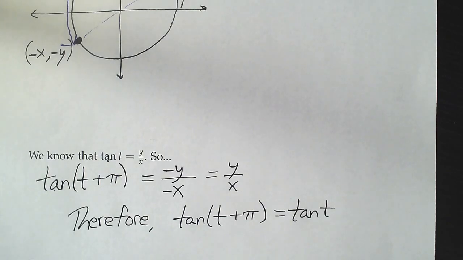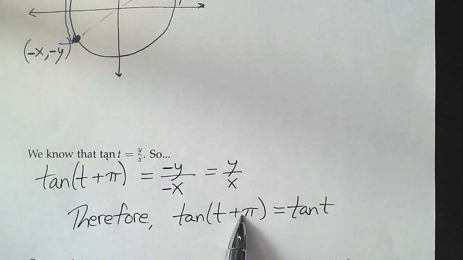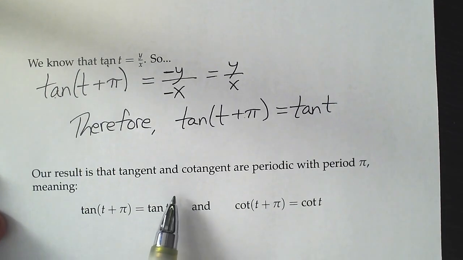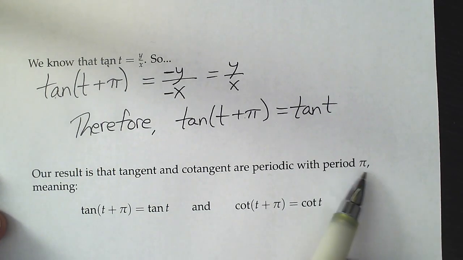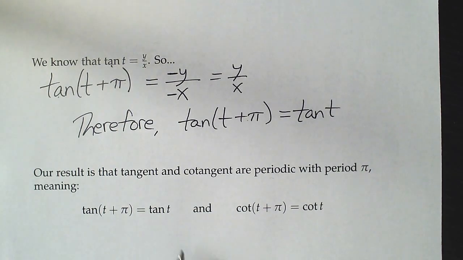That looks like something we said on the first page of this section when we talked about sine and cosine, except with sine and cosine there was a 2 pi, and it looks like with tangent there's just a pi. So our result is tangent and cotangent are periodic with a period of pi, meaning they repeat themselves every pi units.